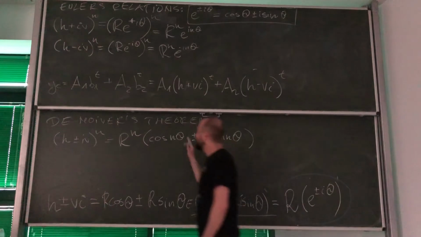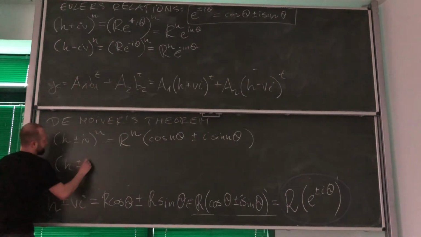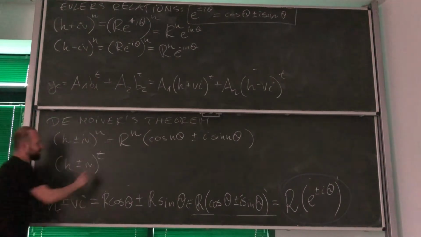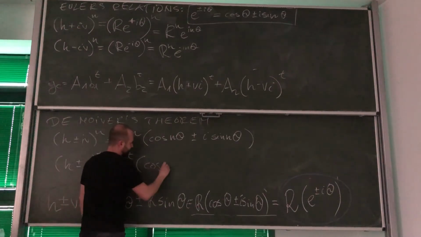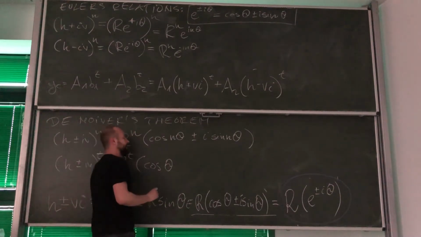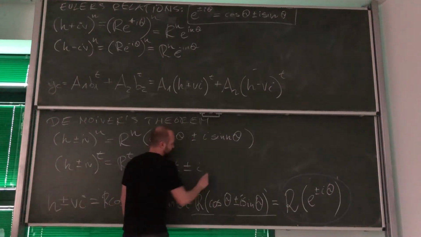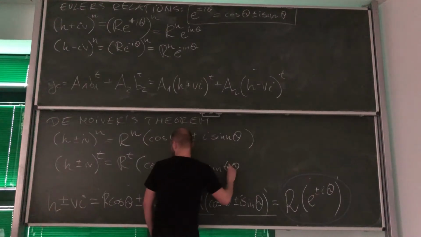Now look, if I'm going to change only one tiny detail, what am I getting here? r to the power of t times cosine theta t plus minus i sine theta t.